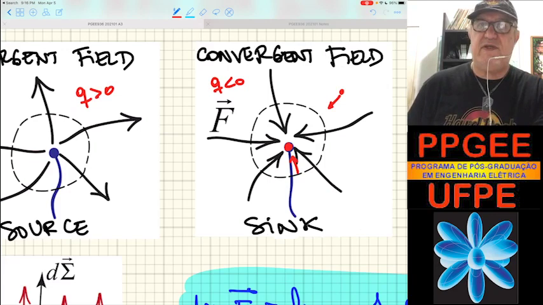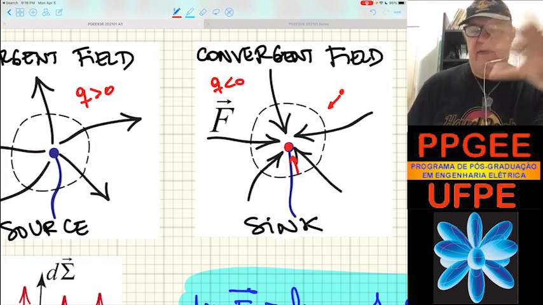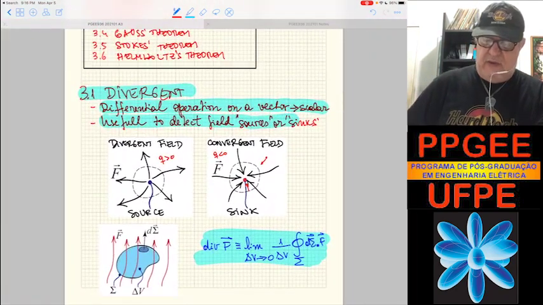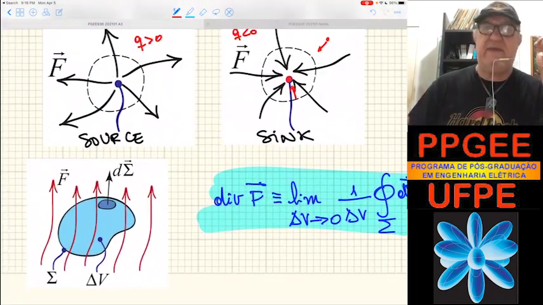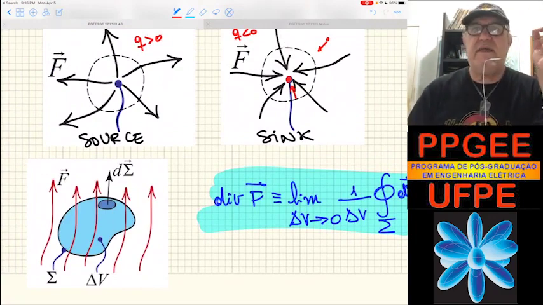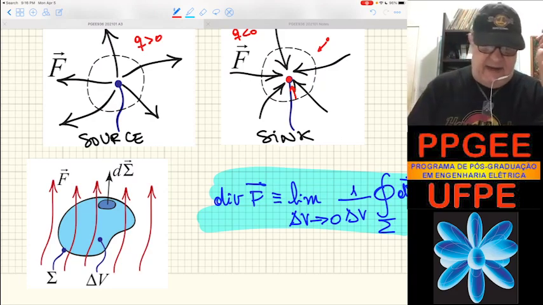The divergence operation is used for that. So how do we define it? Well, it's a differential operation. You surround the region of interest by a closed surface.